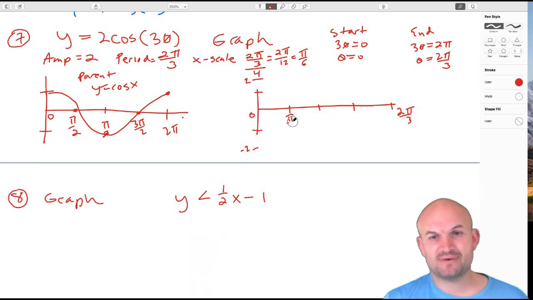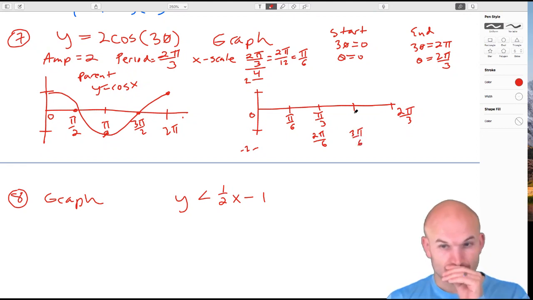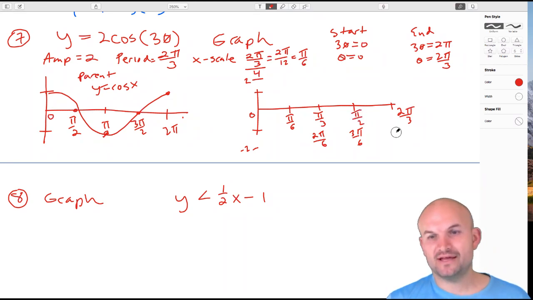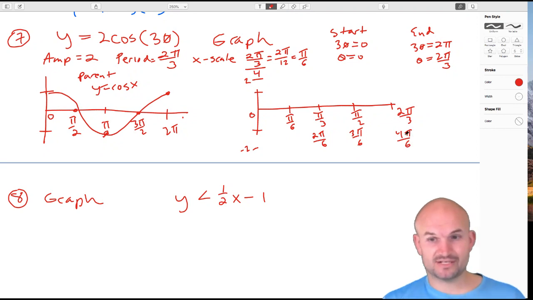So I'm going to do pi over 6, 2 pi over 6, which is pi over 3, 3 pi over 6, which is pi halves, and then 4 pi over 6, which is the same thing as 2 pi over 3. My graph, remember, goes down to here.